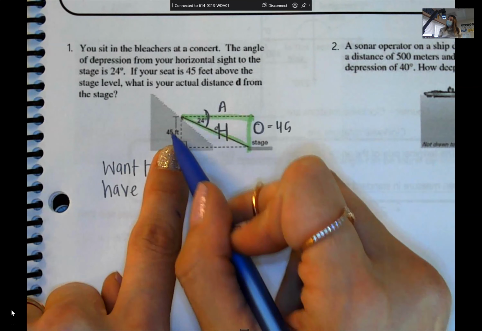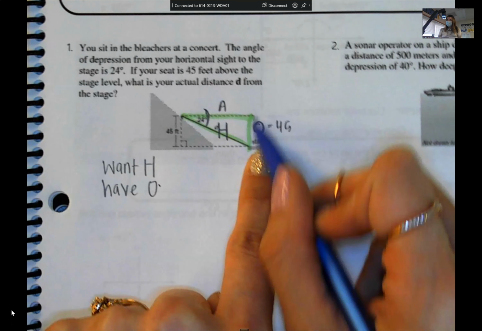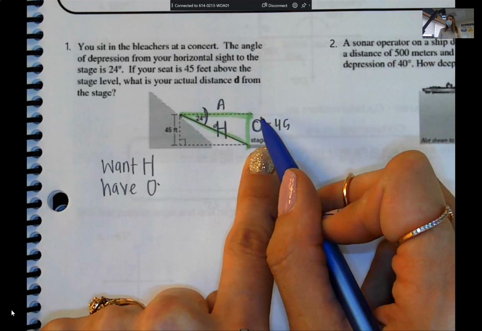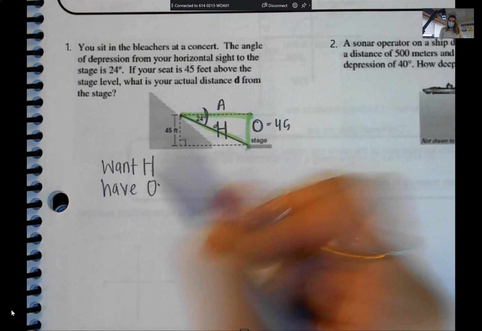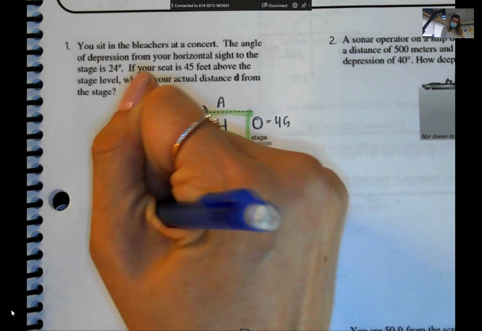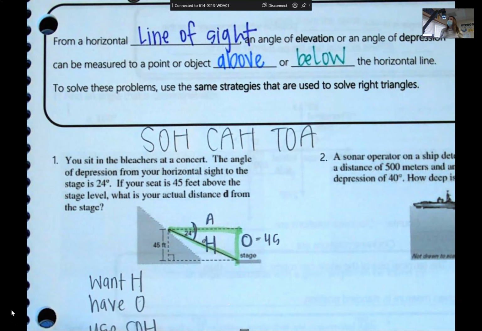If this is 45 feet high, then its opposite side is the same, 45 feet. So if I have O and H, that means I'm going to use sine, or SOH. So maybe at the top of my paper here, just to remind myself, SOHCAHTOA, just as a reminder.